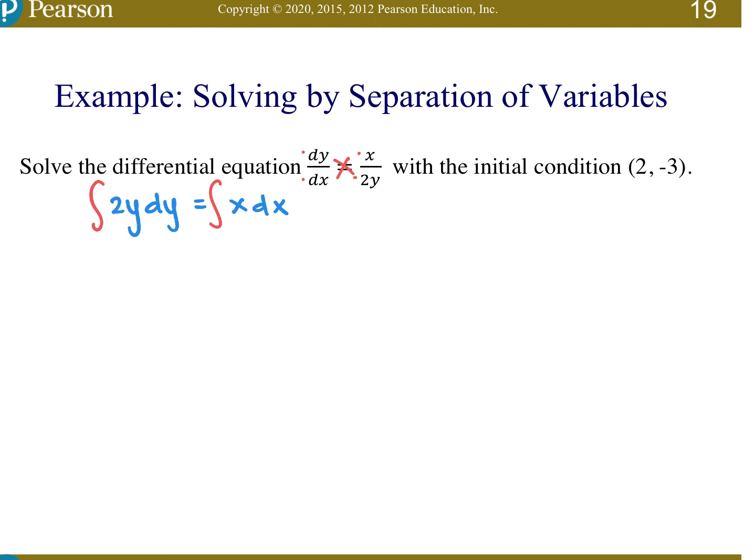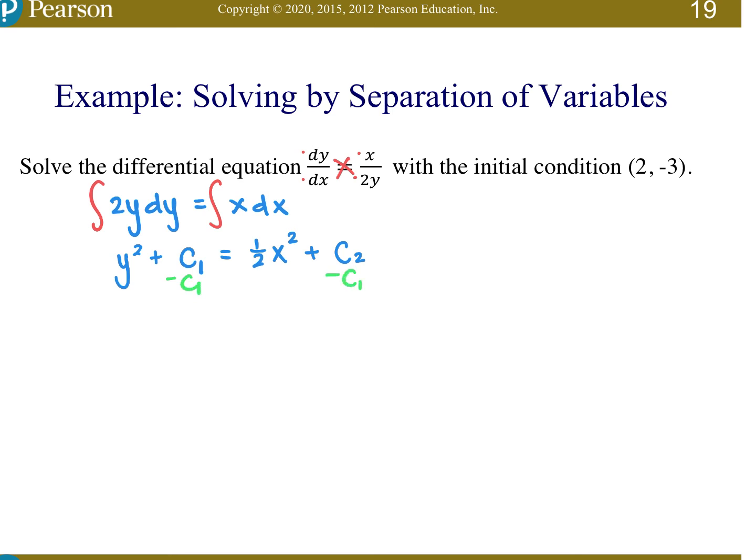The simple integral is going to be y squared plus c1. And the other simple integral will be 1/2 x squared plus c2. All right, now we're going to deal with the c1 and the c2. We're going to move the c's together on the same side. So I'm going to subtract c1 from both sides.